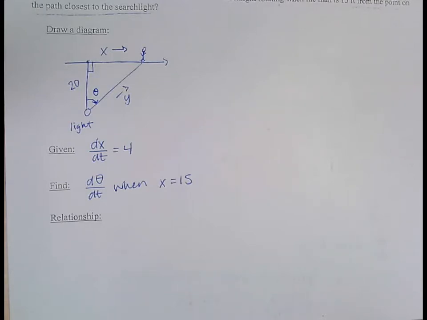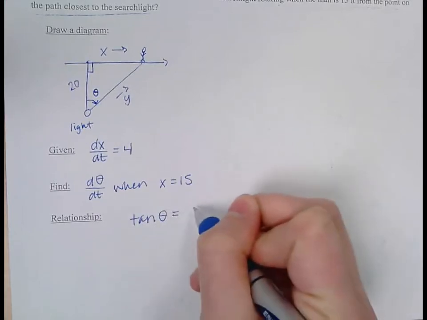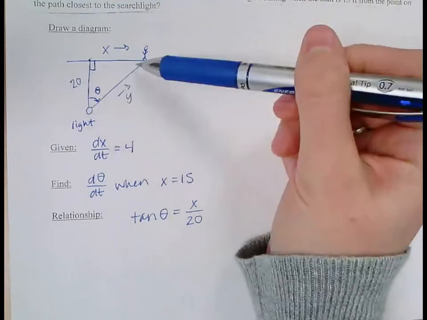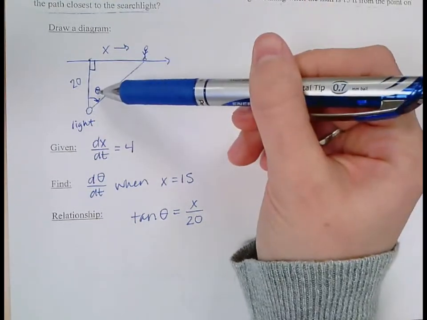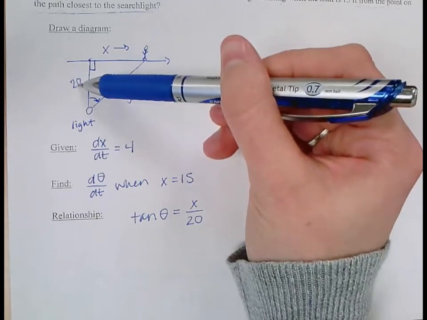Something with sine, cosine. Okay, so we have a right triangle here. X is the opposite of theta. 20 is adjacent to theta.